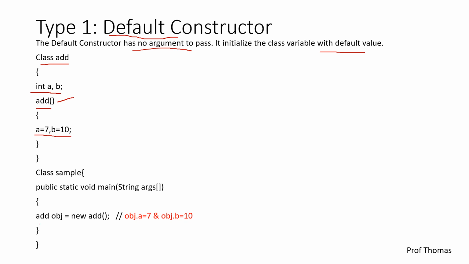Whenever we create an object for this class without any parameters, the default constructor will be called automatically. For this object, object.a equal to 7 and object.b equal to 10.